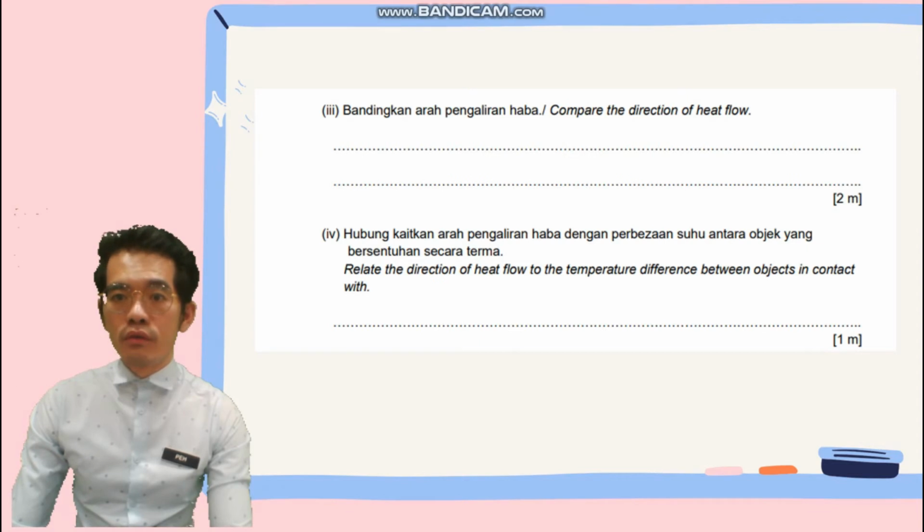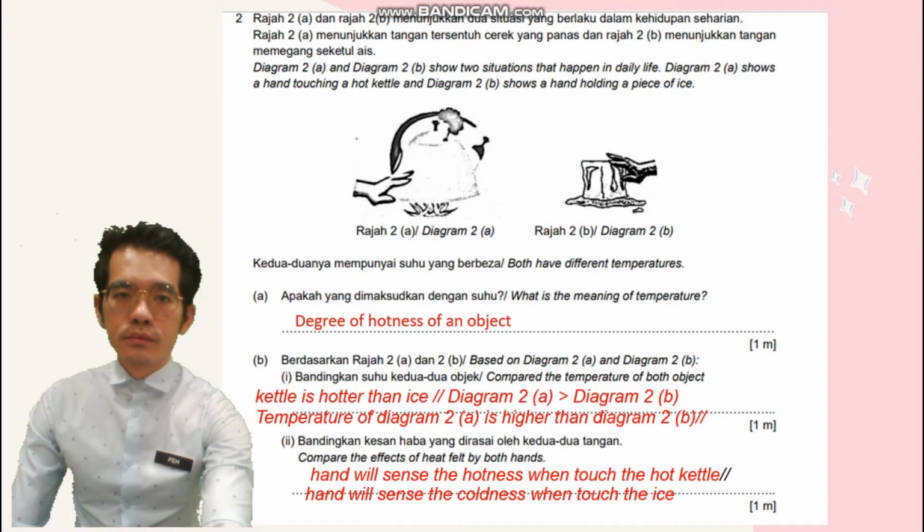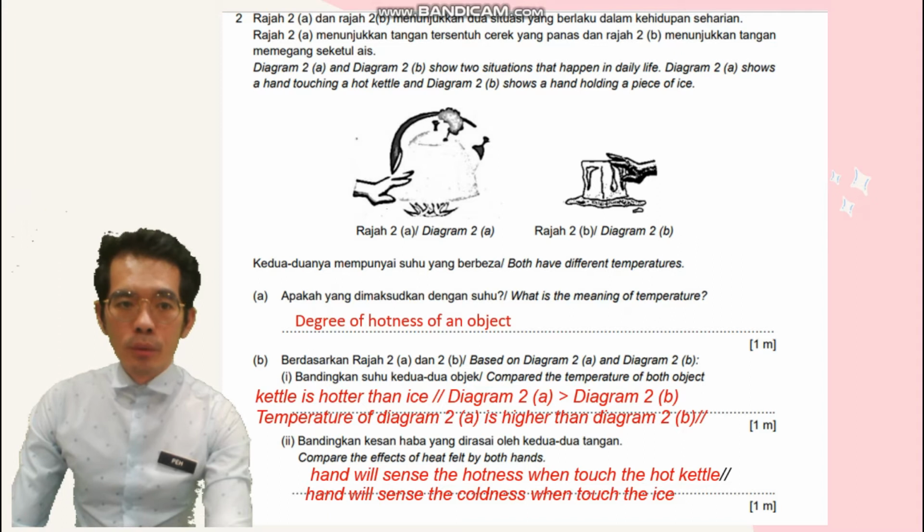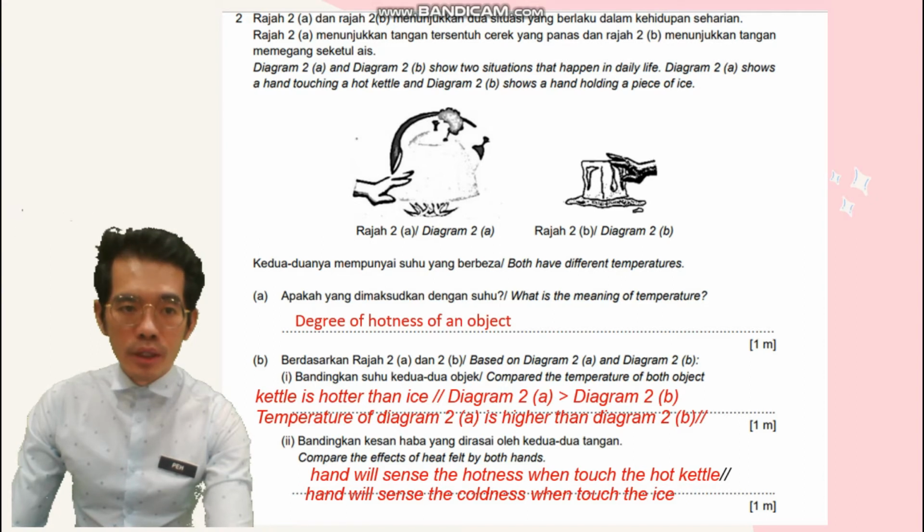Compare the direction of heat flow. From the previous video clip, section 4.1, you have learned that heat will flow from hotter object to colder object. So in figure 2A, the hot kettle represents the hotter object, while the hand represents the colder object.